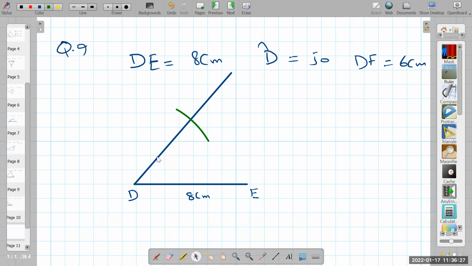Now remove the compass, take the scale and join this point with E. So we have the triangle DEF. DF is equal to 6 centimeters and angle D is equals to 50 degrees.